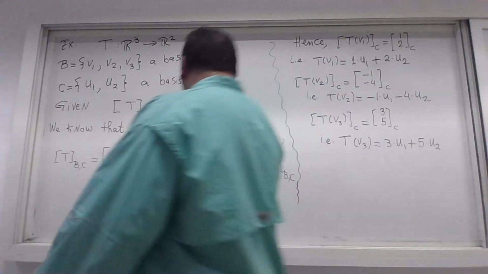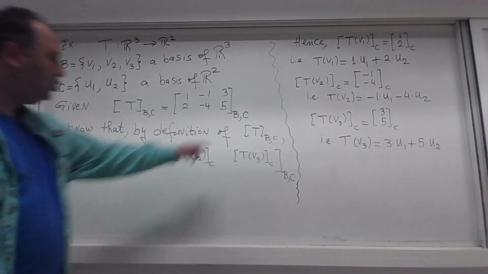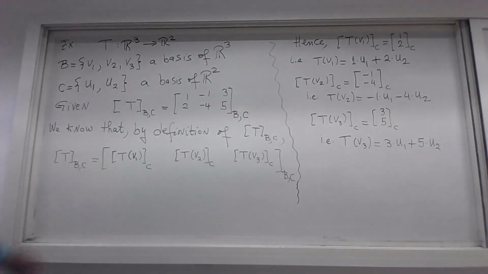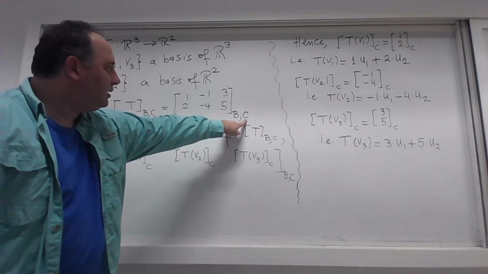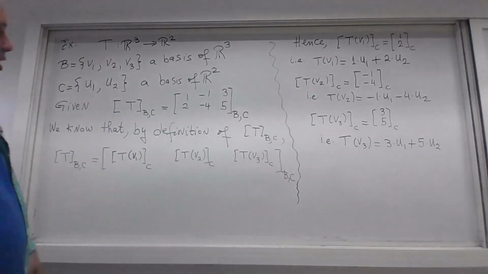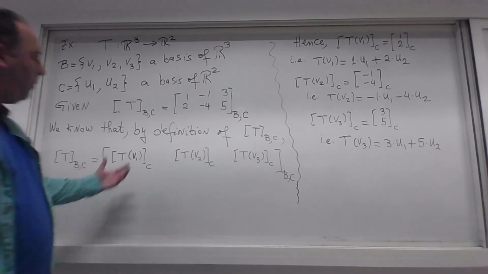When you have a representation matrix given to you with the basis, obviously, that's the meaning of it. The first column are the coordinates in basis C of the image of the first basis vector in basis B. So you need to be able to go backwards also.